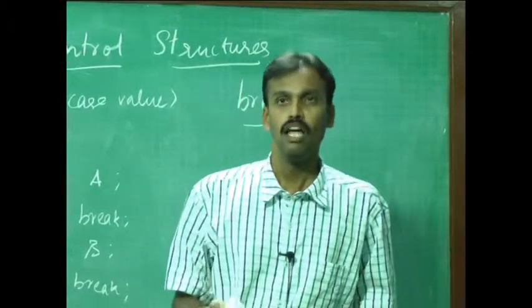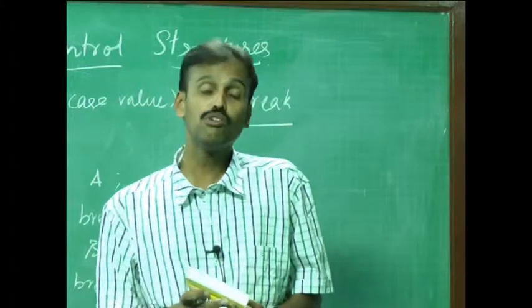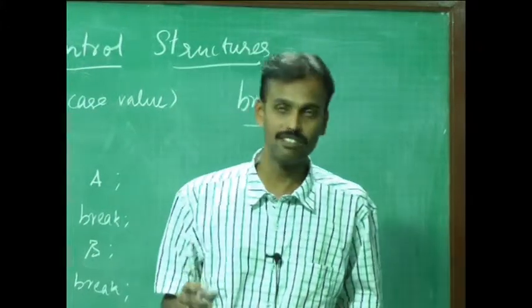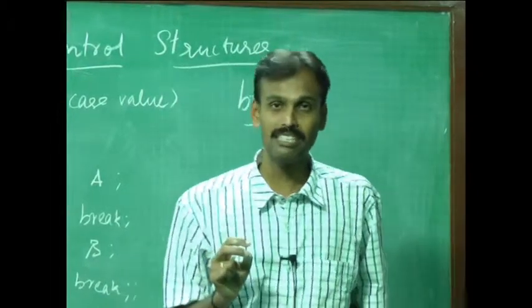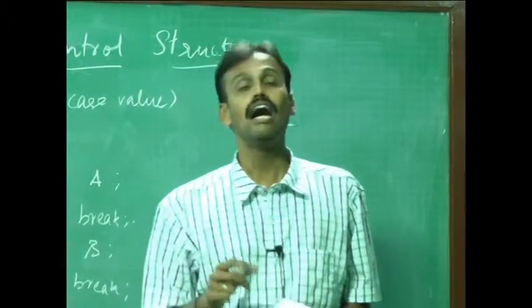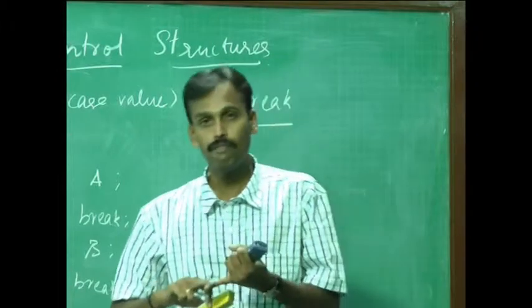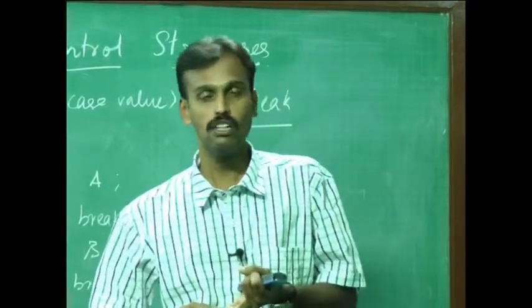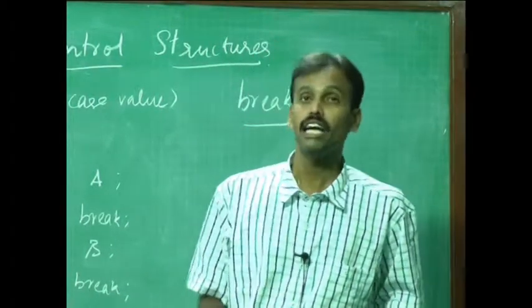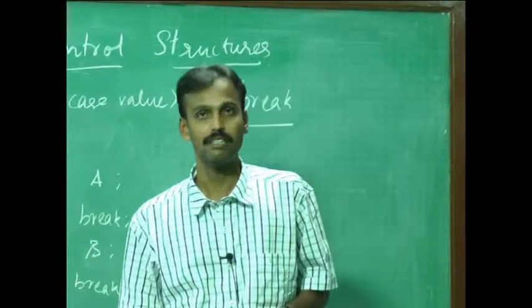Number 2, the program execution continues with the first statement after this structure. The common uses of the break statement imply an early exit from the loop where we are, or it may be used to skip the remainder of the switch structure. This is where we make use of a break statement.